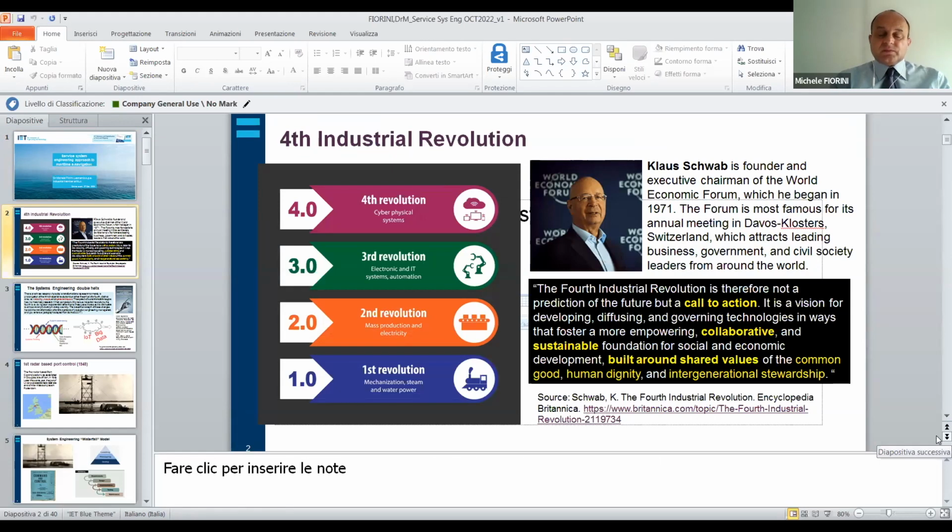The present time is currently defined as the fourth industrial revolution.